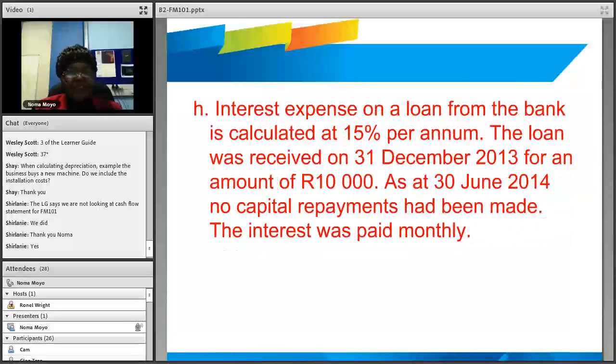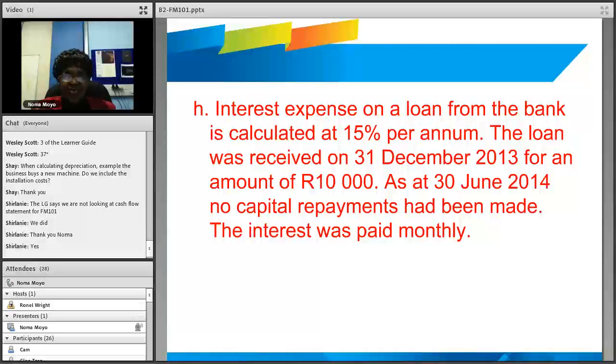Be very careful. This loan could have been 15% times 10,000 had it been there for a year. But it has not been there for a year. Look at the date, 31 December, so we don't count December. It's only been there for January, February, March, April, May, June. So how do we calculate it?